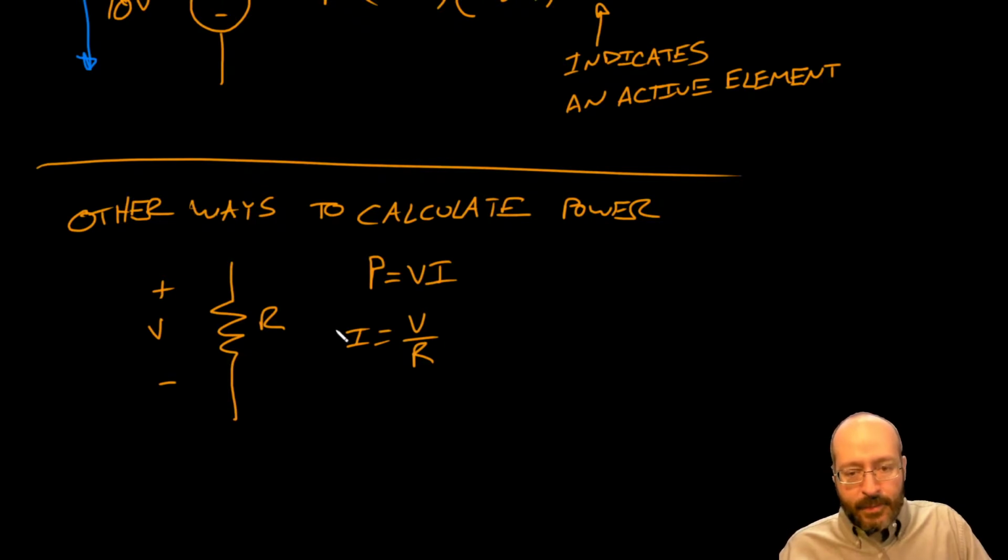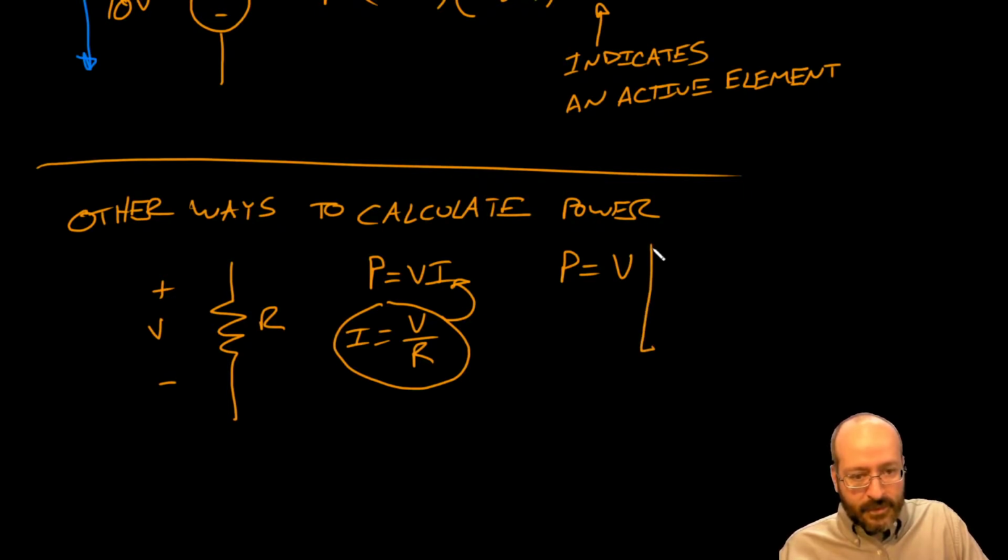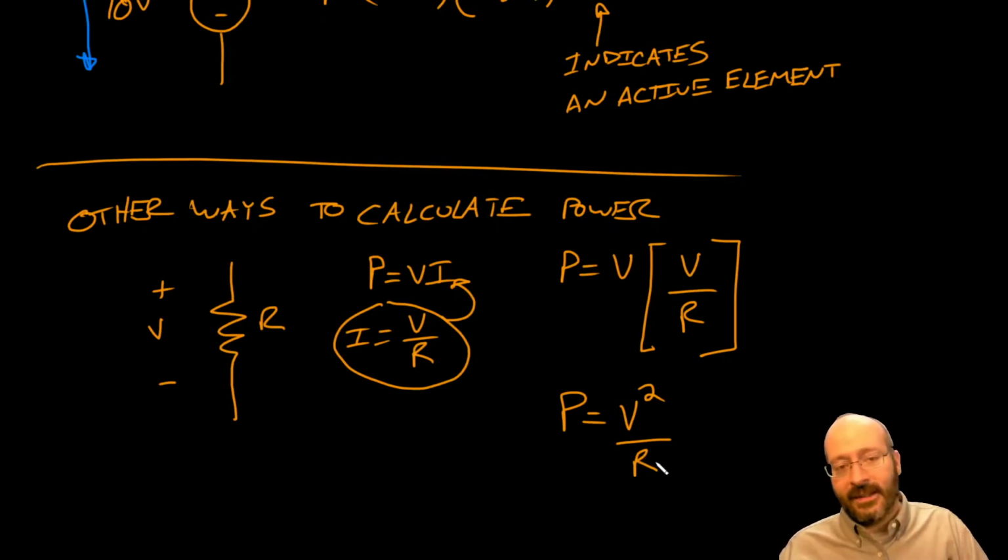And we plug it in, right? So take all of this and plug it in to that, and we get P equals V, I'll use a bracket, V over R, okay? Or we can write that as P equals V squared over R. You're going to see that a lot.